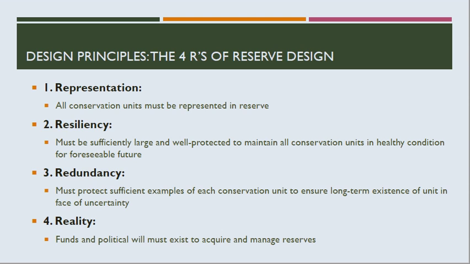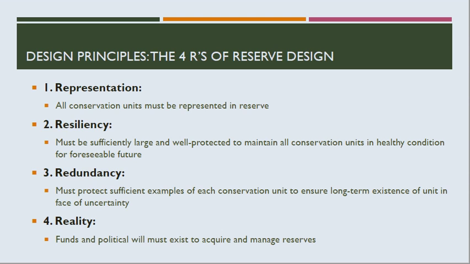be large enough, or needs to be able to protect sufficient examples of each species to ensure a long-term existence of that species or unit of conservation. So what that means is basically, is the population of the species in question large enough to be able to survive into the future? So it speaks to things like minimum viable population size.